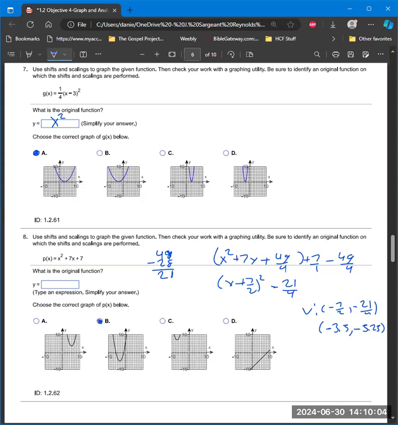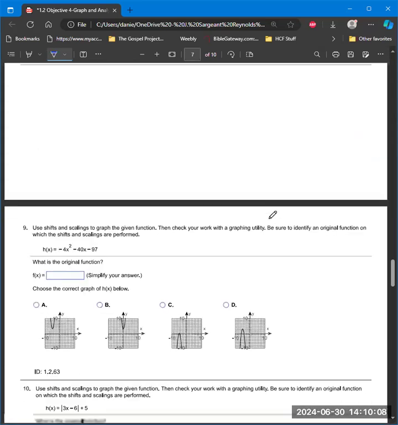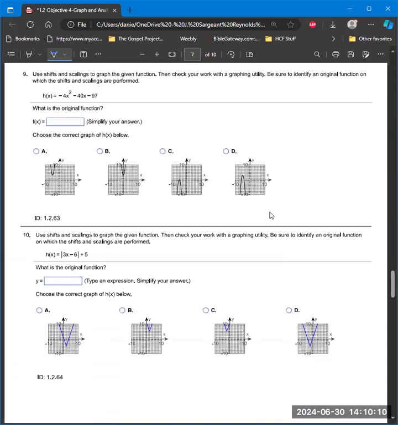And it was originally an x squared function since it's quadratic. This one also started off as an x squared function since it's quadratic. -4 times x squared plus 10x, -97. Half of the middle number squared is 25, minus 100 plus 100 here.